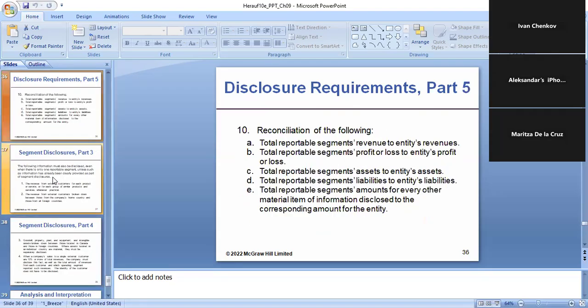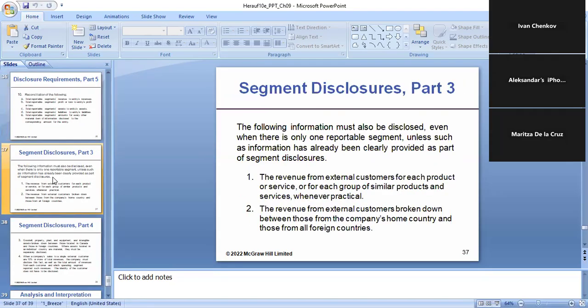And keep going with the disclosure requirements. As you can see, a lot of requirements on the segment disclosure.